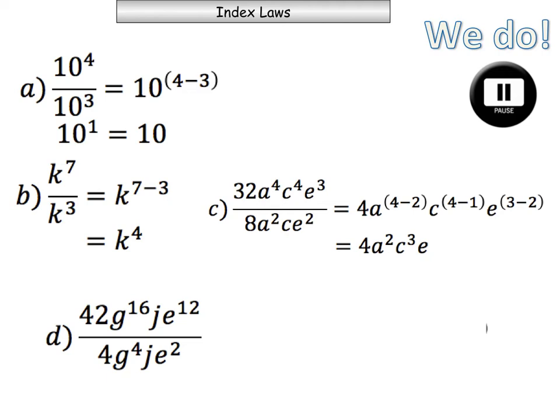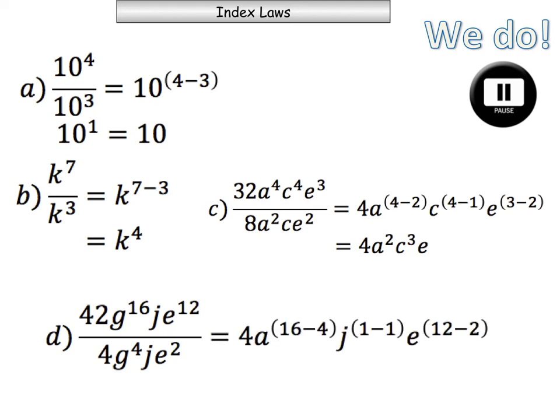Alright, D is pretty similar to the last one that we just did. But this time we've got 42 divided by 4, g to the power of 16 divided by g to the power of 4, j divided by j, and e to the power of 12 divided by e squared.